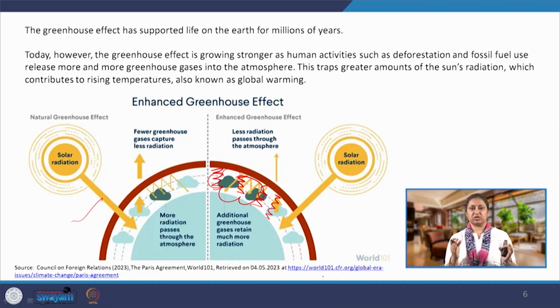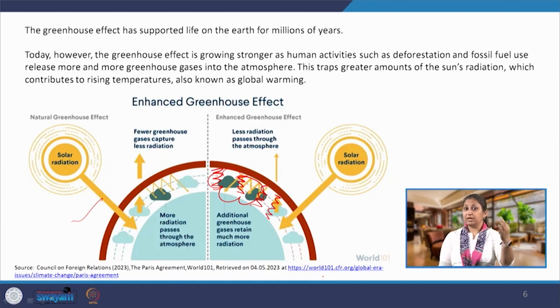Weather patterns are changing, extreme climatic events are happening, and we know that our seasons, our weather patterns, winds, storms, rains, almost everything is driven by the energy that we receive from the sun. That is one of the most significant factors. And now the energy received from the sun is trapped, it is imbalanced.